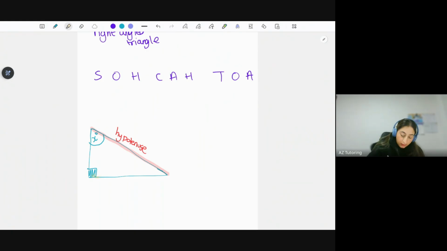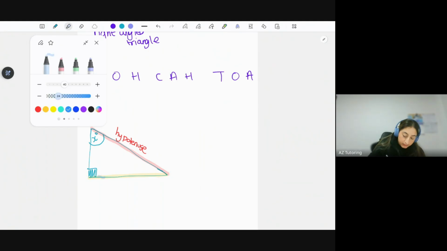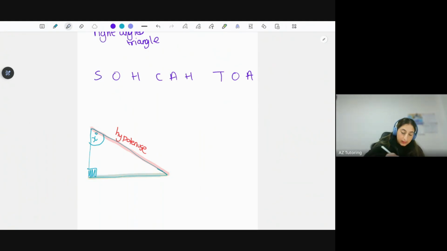The side which is opposite the angle given, not the right angle, the angle that's given to you or that's drawn, is called the opposite side. It's called that because it's opposite the angle given to you.